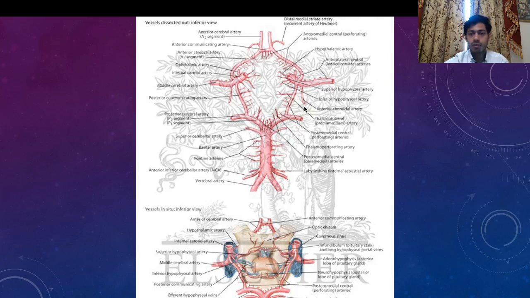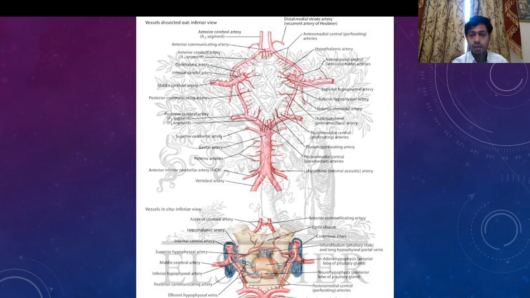So, for example, you've got branches going to the hypophysis. So you've got the superior, and then you've got the inferior hypophyseal artery. You've also got the hypothalamic artery, and then you have the lenticular striate arteries, which will be supplying the basal ganglia.